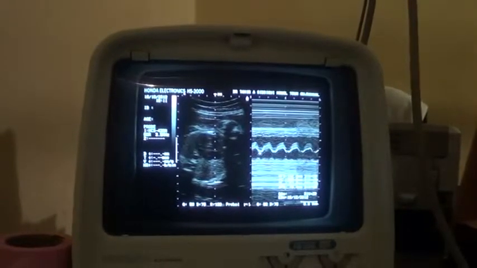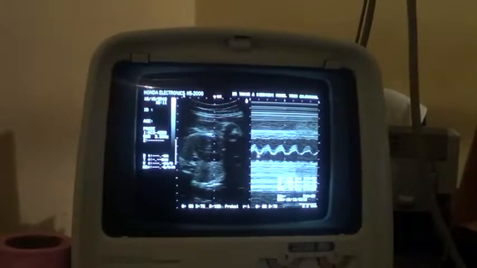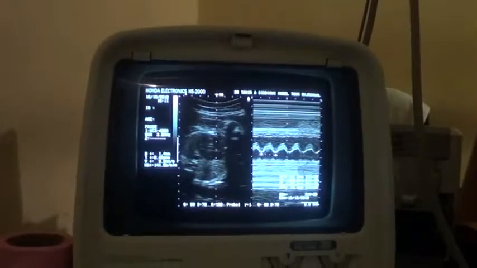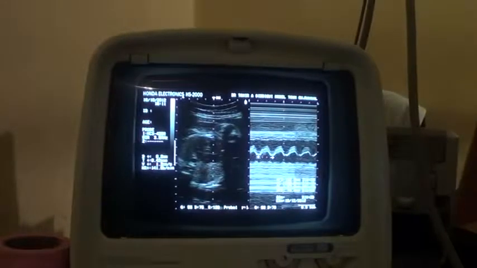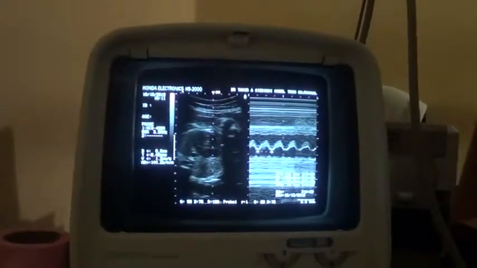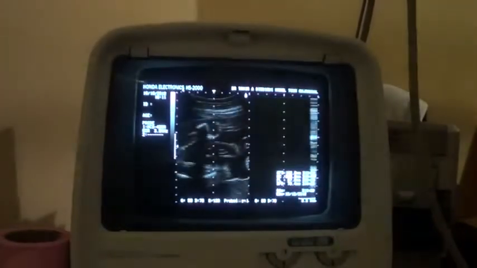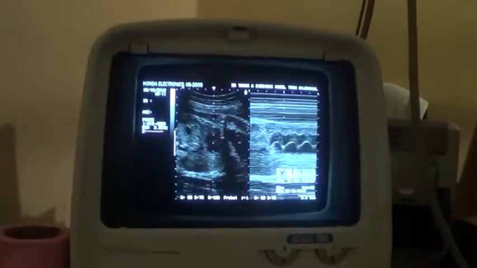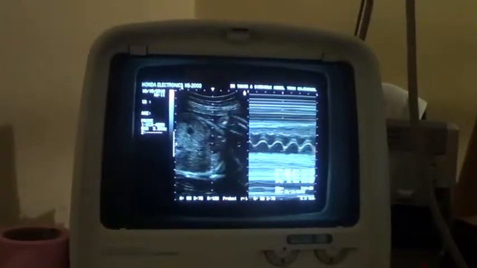So the cardiac activity is 141 beats per minute with regular waveform. See that the waveform is regular.